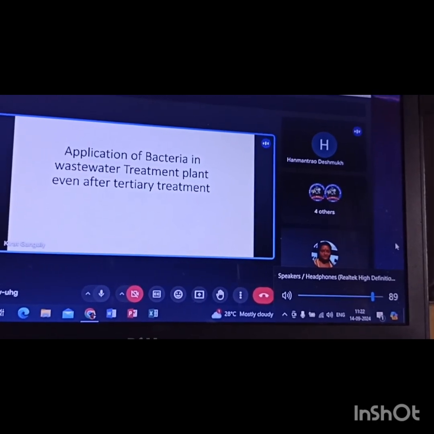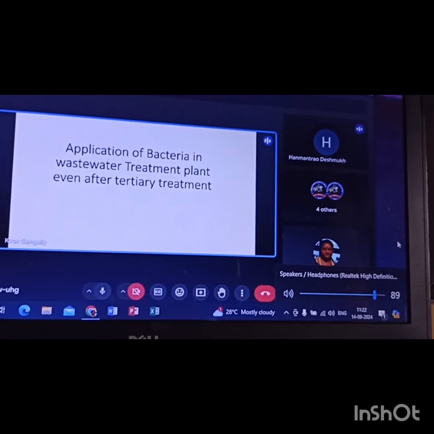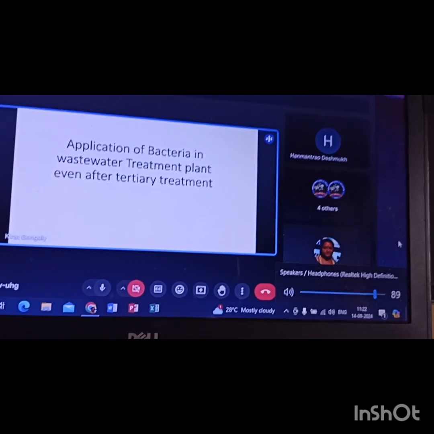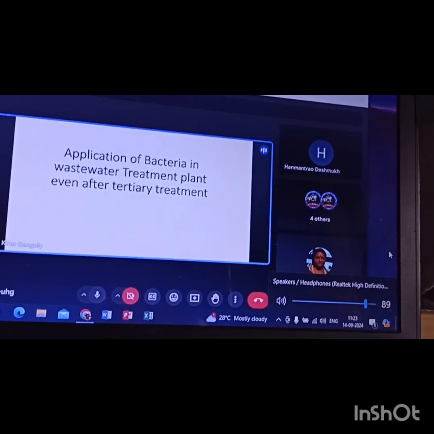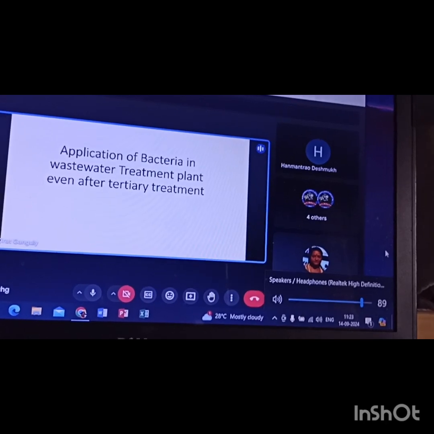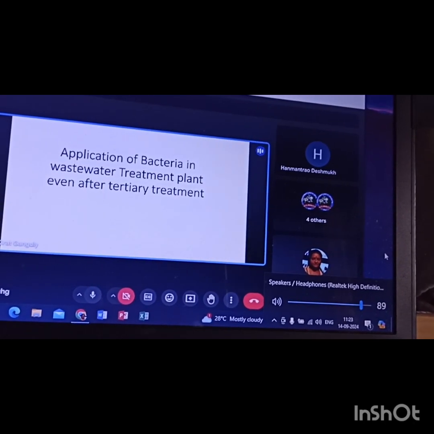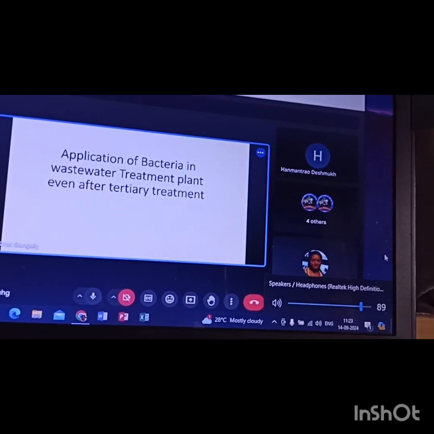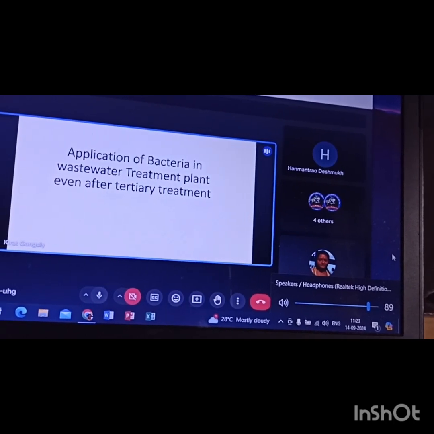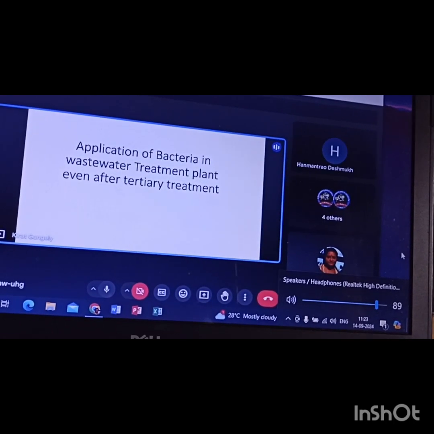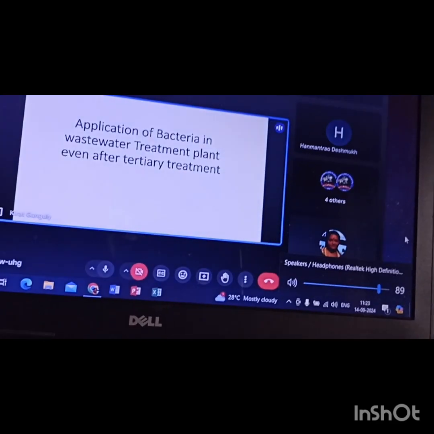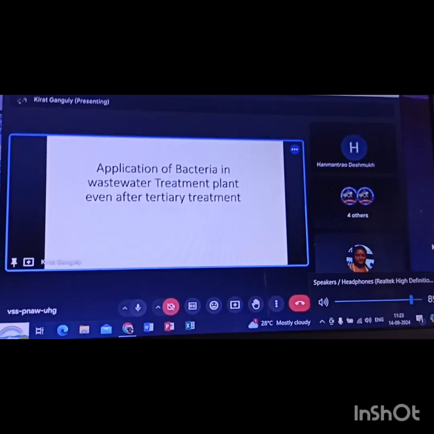Further, I tried to understand whether the organism is making some beneficial effect to the plants. So I did a seed germination assay in presence and absence of the organism and obviously lead. So in the lead contaminated water, when the seeds were growing, they could not grow. Even the growth became poor, and some seeds even died at that concentration.